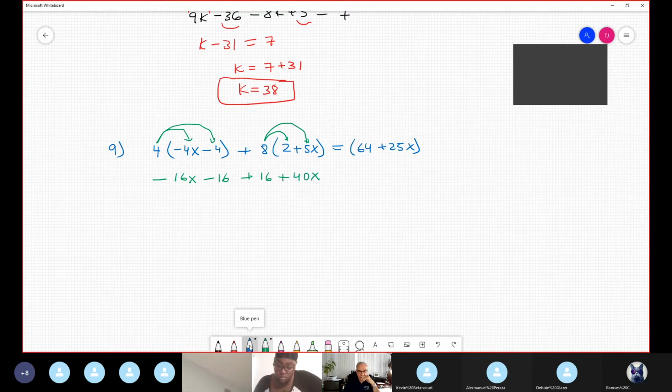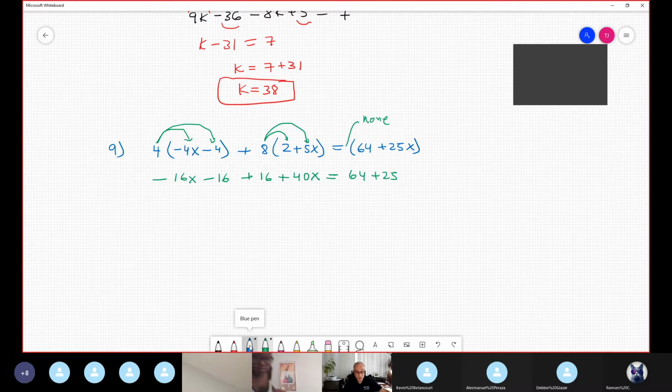In this case, you have no coefficient here. It's because it's 1, which is invisible. So it stays the same, 64 plus 25. Little by little, you apply the distribution, then we combine like terms.